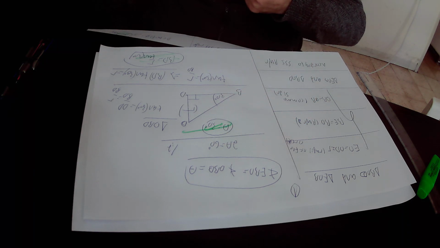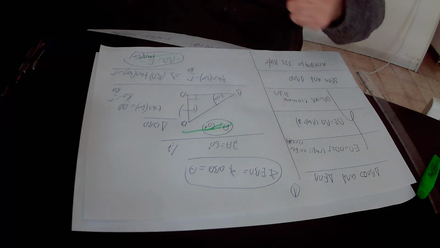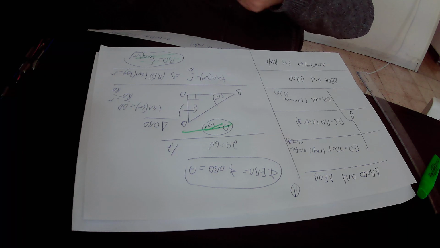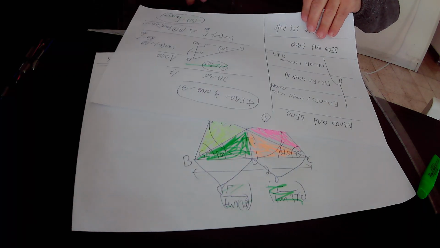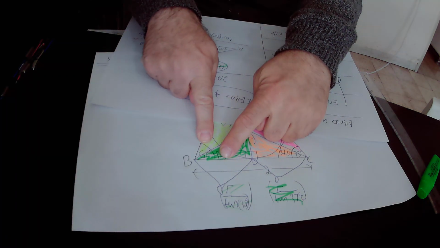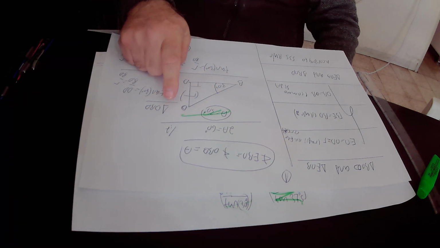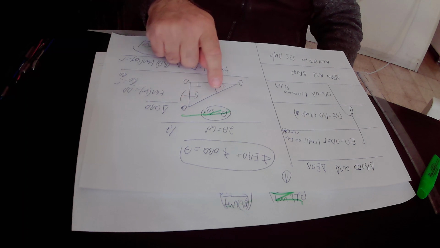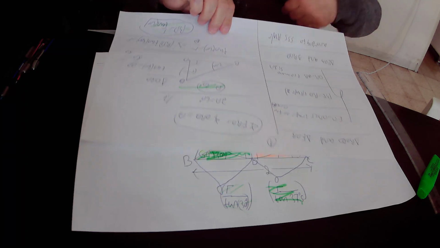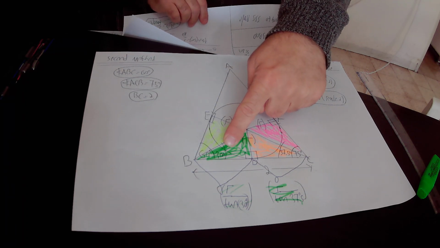So if we define one of those two angles as theta, then the other angle must also equal theta because they are equal to each other. So theta plus theta equals 60 degrees. That is to say, 2 theta equals 60 degrees. We divide this equation by 2 and finally find that theta equals 30 degrees. This is angle theta that is equal to 30 degrees in size.